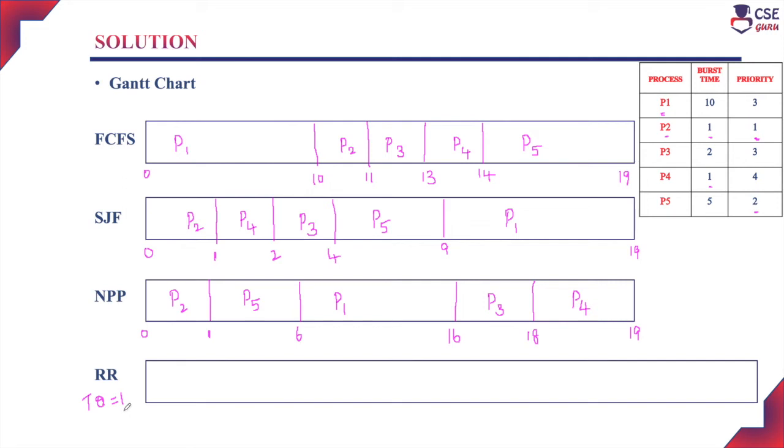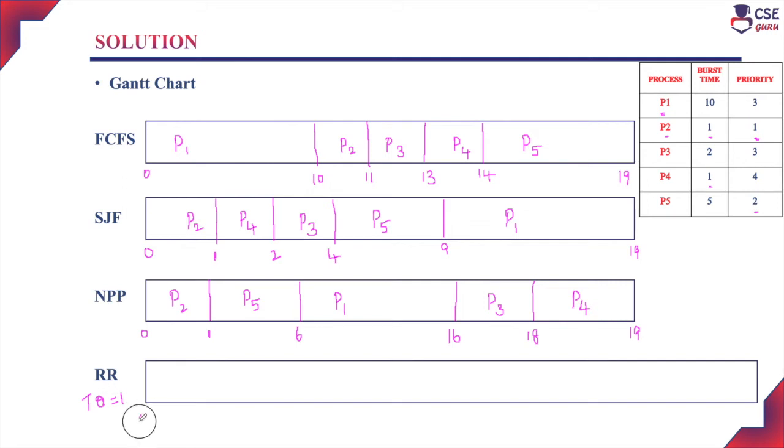Likewise, each process executes with the CPU only for the specified time quantum. That is round robin scheduling. The process order in the job queue is P1, P2, P3, P4 and P5. In this same order, the processes will be assigned to the CPU for the specified time quantum. Once a process's CPU burst time is over, that process leaves the job queue, and the remaining processes continue executing based on round robin scheduling.